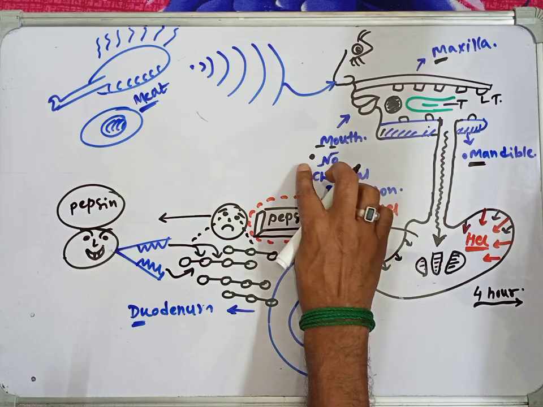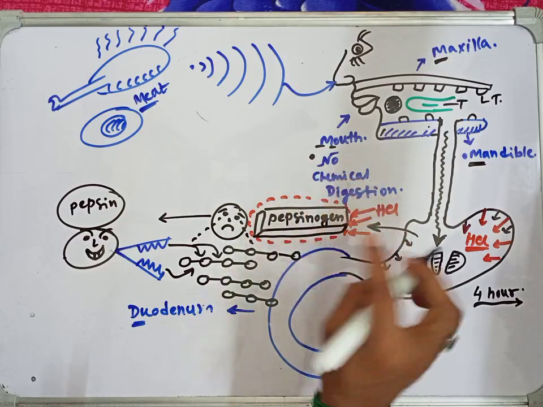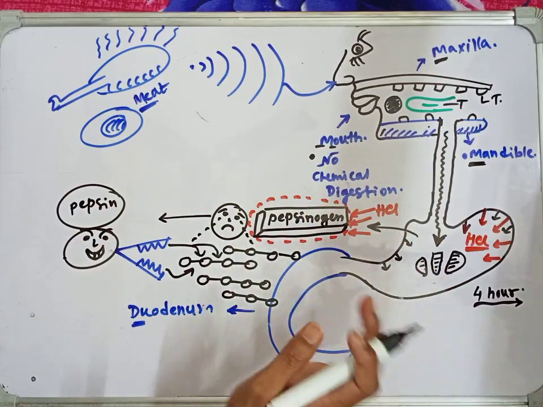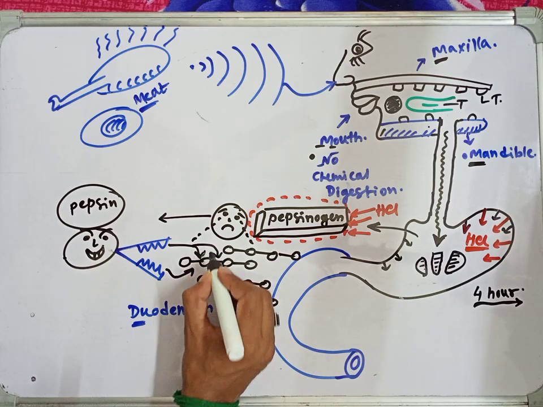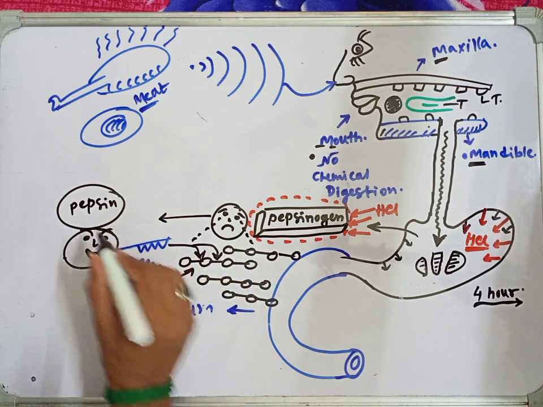You have to focus on this point: protein is digested chemically for the first time by the action of the enzyme pepsin.